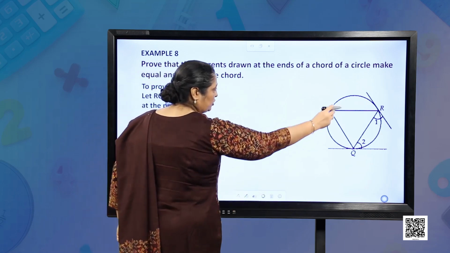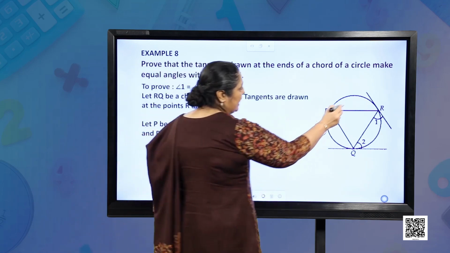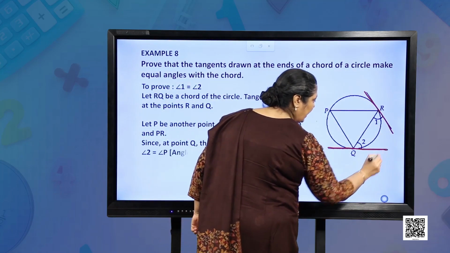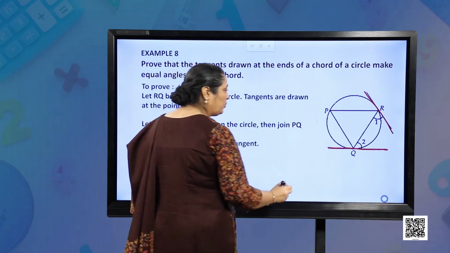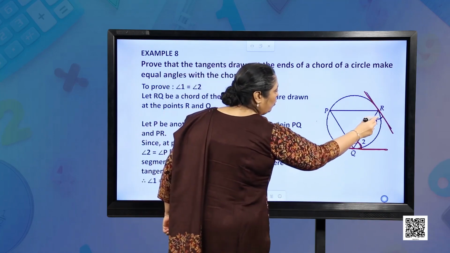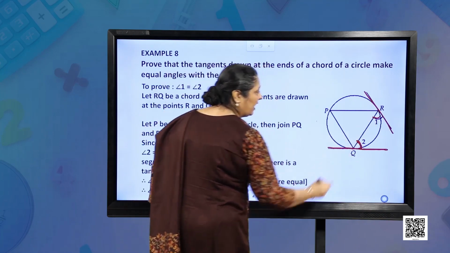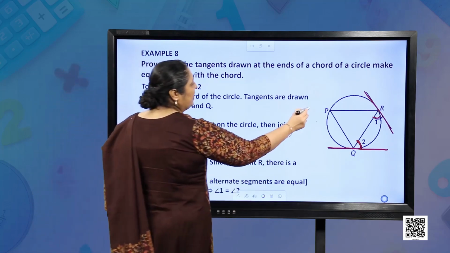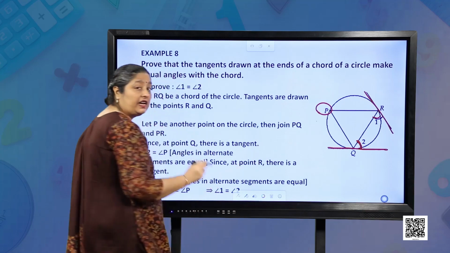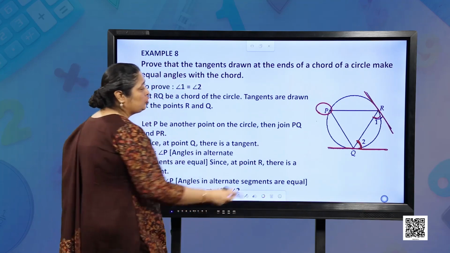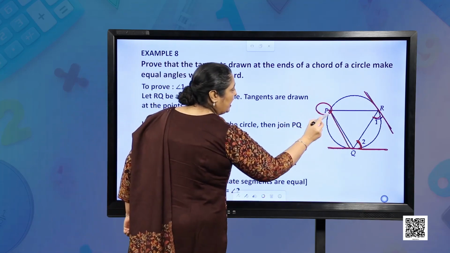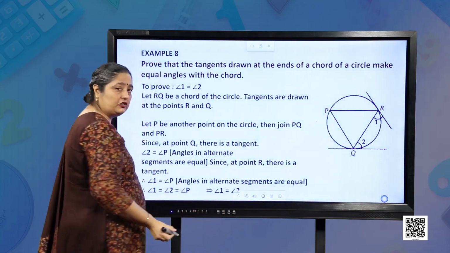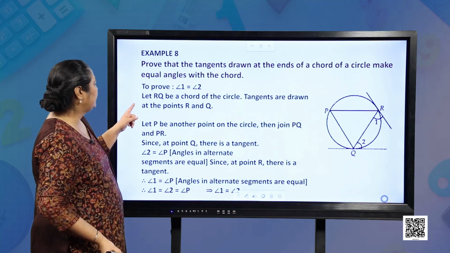We have a tangent at R and a tangent at Q. What we need to prove is angle 1 is equal to angle 2. The first step is to take any point P on the circle, join PQ and join PR. Then what do we have?